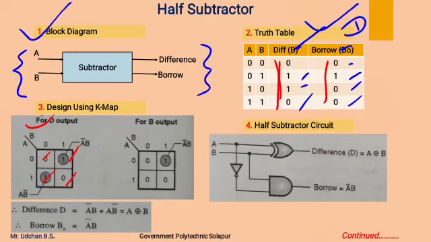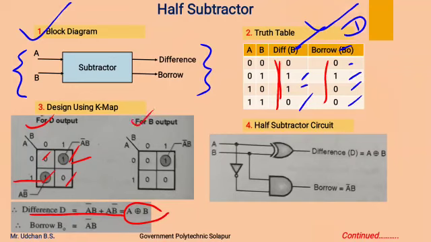Here we will not get any octet, pair, or quad, so we are going to write the term related to this one and this one as it is. The term related to this one is A bar B and related to this one is A B bar. So the difference equation will become A bar B plus A B bar. That is, you can write it as A XOR B, as it is the Boolean expression of XOR gate.